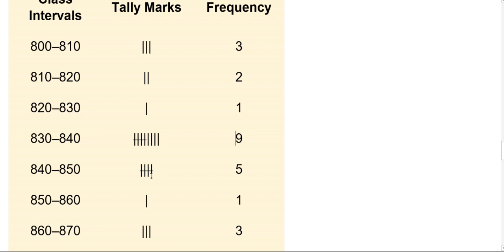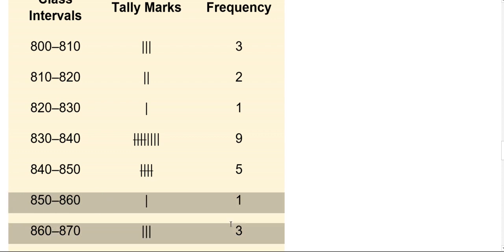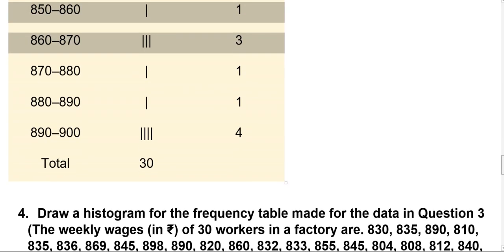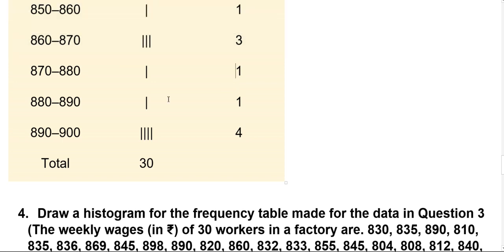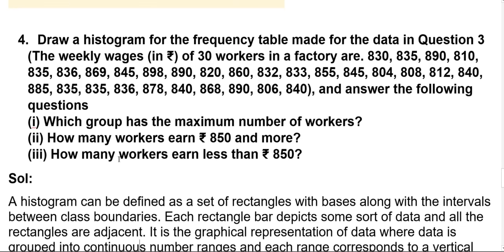Each can be separated in 5s, 4 verticals and 1 horizontal. 850 to 860, only 1, and 860 to 870, only 3 members, and 870 to 880, only 1, and 880 to 890, only 1, and 890 to 900, only 4 members, total 30. In this way tally marks can be represented.